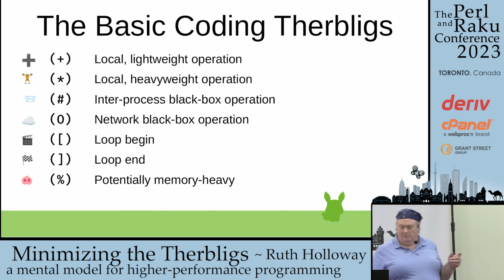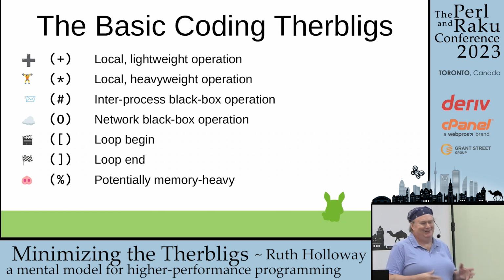All right, I created some modifiers because all of these are very relative. A logical operator is a little heavier than string concatenation. Map is heavier than grep for some processors some of the time.